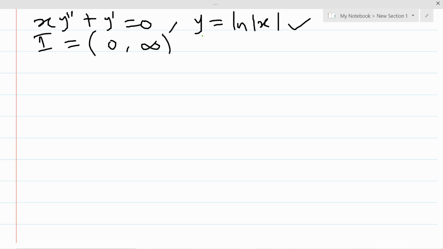Log of 0 we don't know. So for that matter, this solution can only be defined within the open interval 0 and infinity.